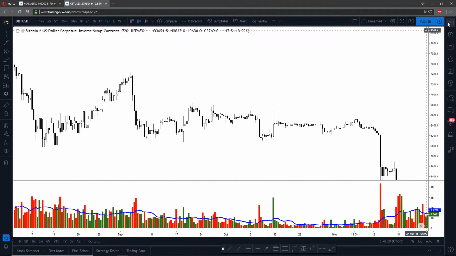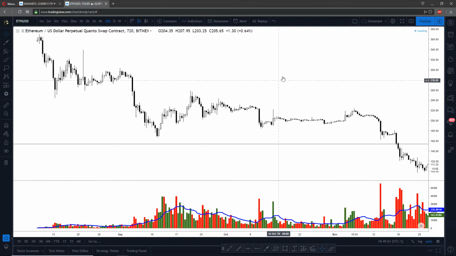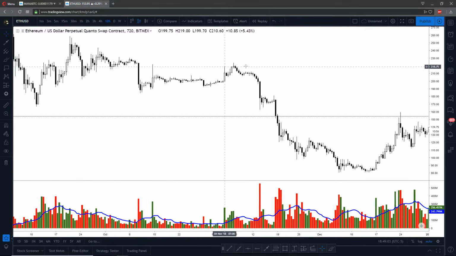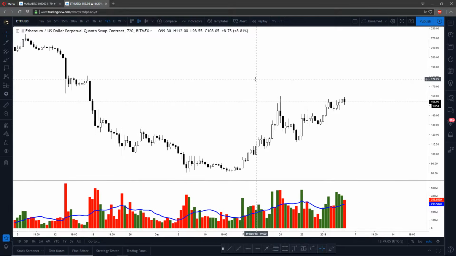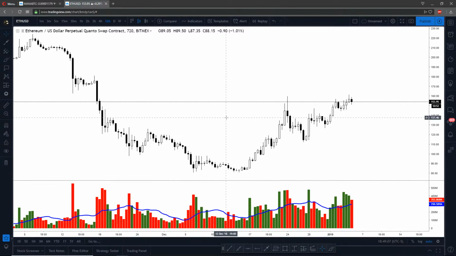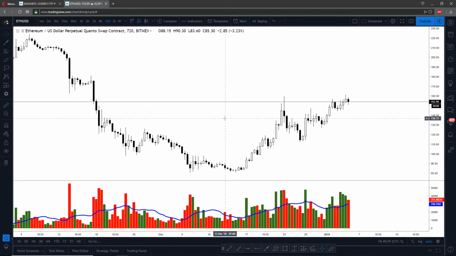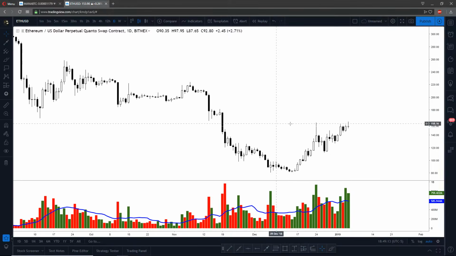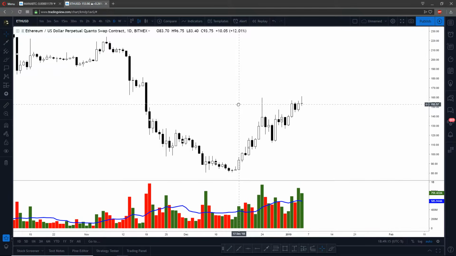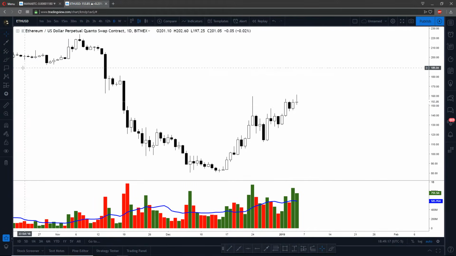Let me see if I can find one on Ethereum. Yeah, Ethereum's not bad here. Let me go to a daily. Yeah, Ethereum's pretty good here. Okay, so same thing.